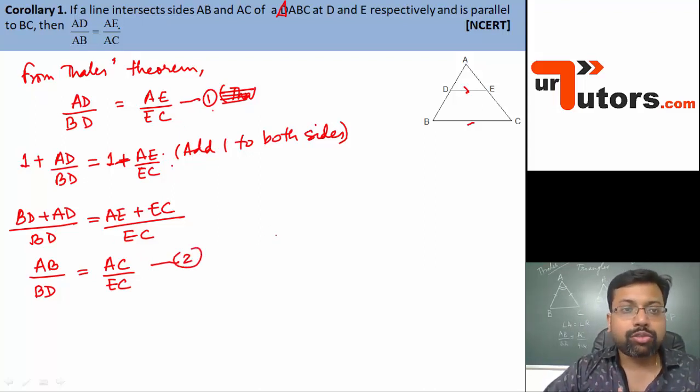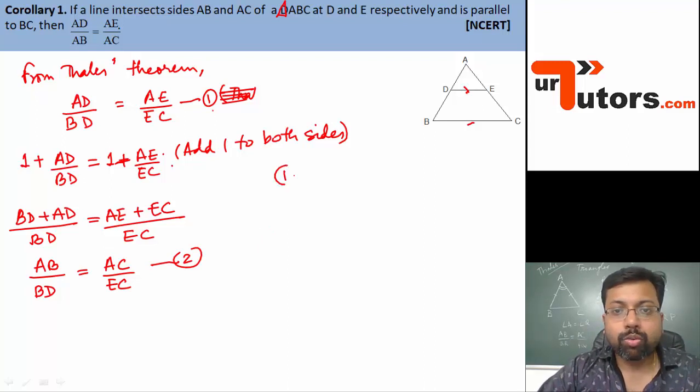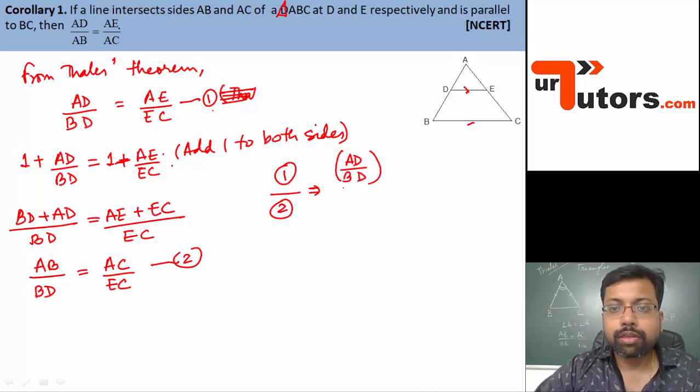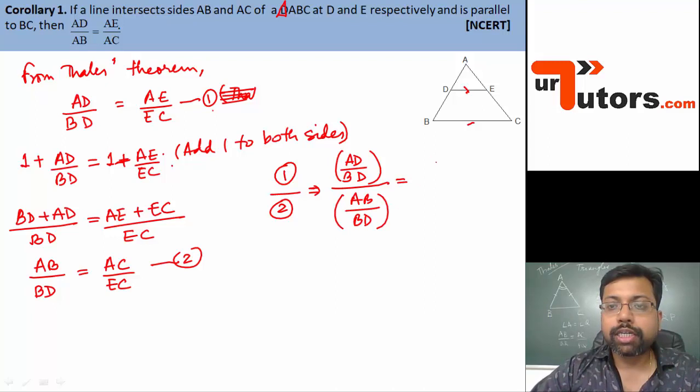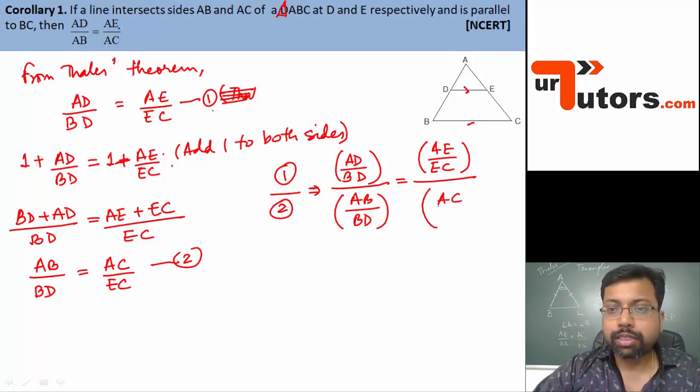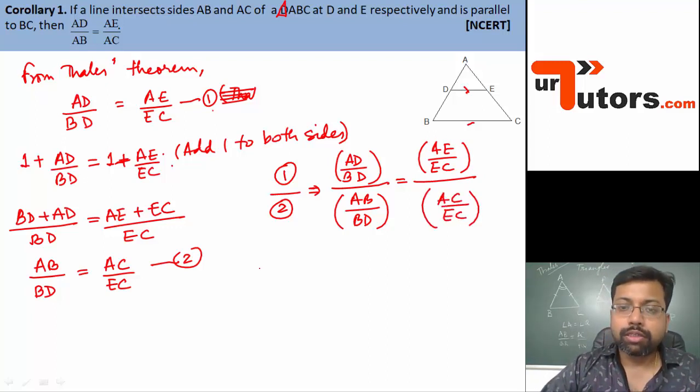Now you divide these two equations. When you take 1 divided by 2, on the left hand side you have AD by BD divided by AB by BD, and on the right hand side you will have AE by EC divided by AC by EC.